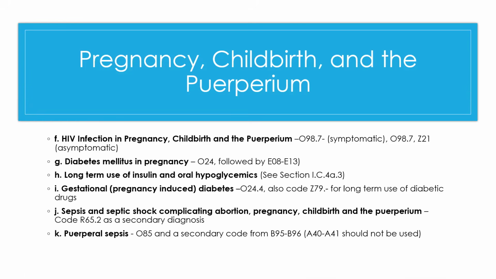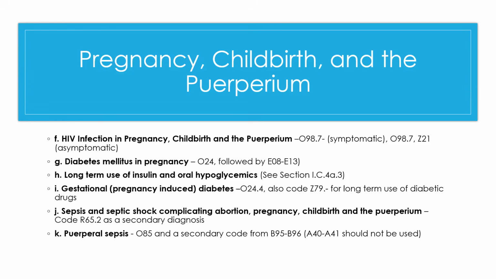Got two more sections on this slide. Next up, we have sepsis and septic shock complicating abortion, pregnancy, childbirth, and the puerperium. When assigning a Chapter 15 code for sepsis complicating abortion, pregnancy, childbirth, or the puerperium, a code for the specific type of infection should be assigned as an additional diagnosis.